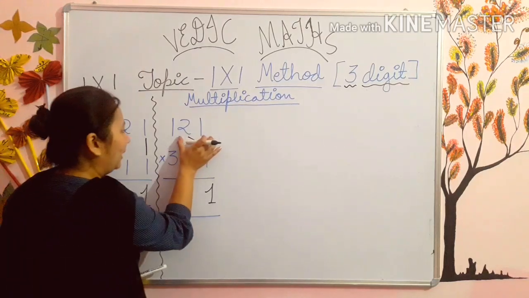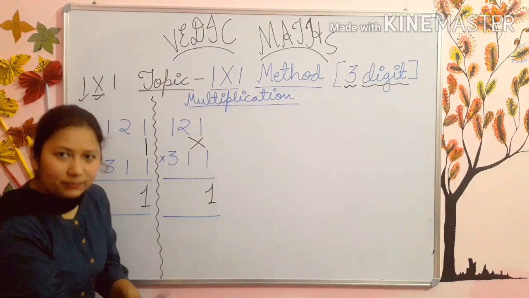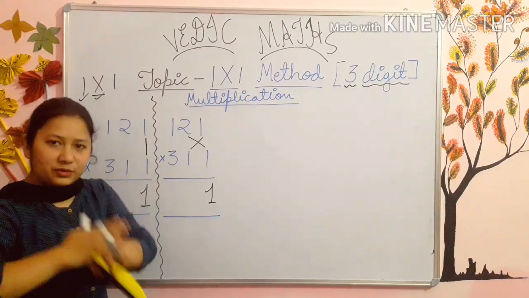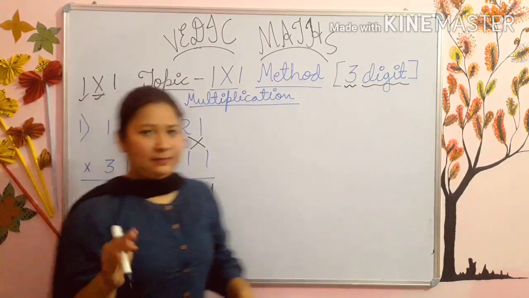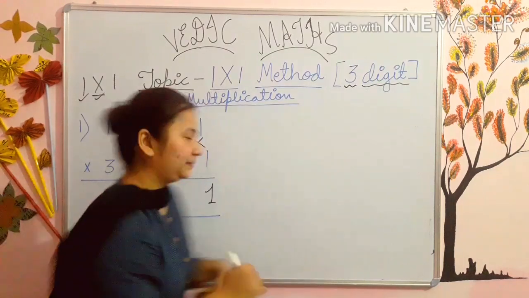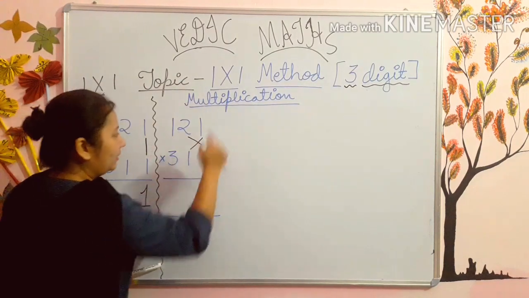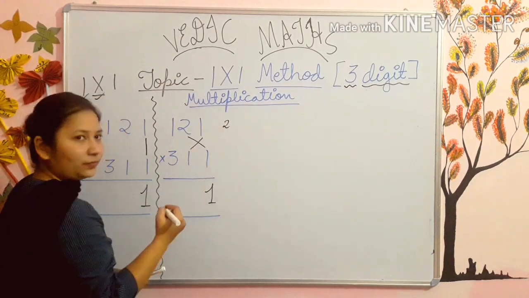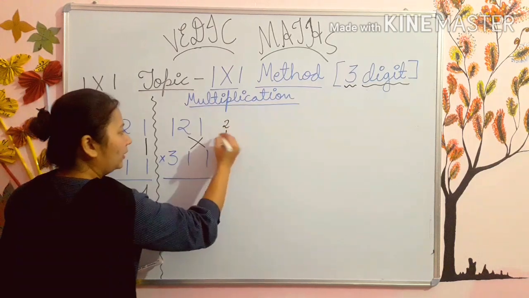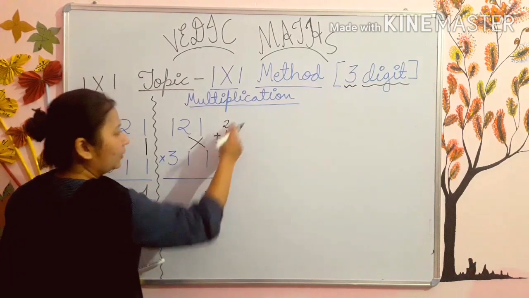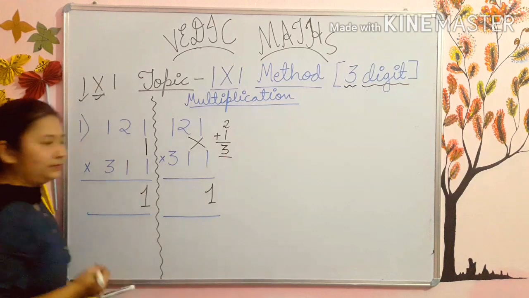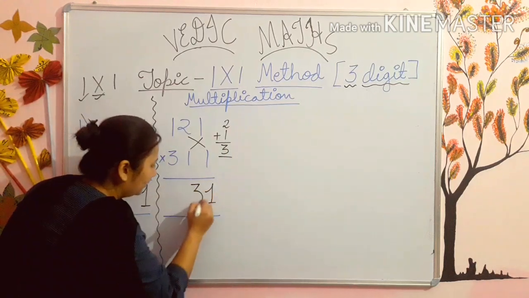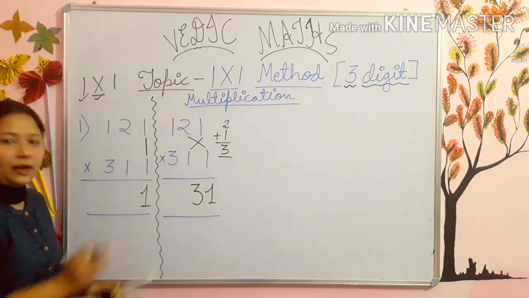Now you have to multiply the last two numbers in a cross position, and whatever the answer will be, you have to add them. Like 2 ones are 2, 1 ones are 1 and add them. 2 plus 1, 3. And here is 3. Are you getting, kids?